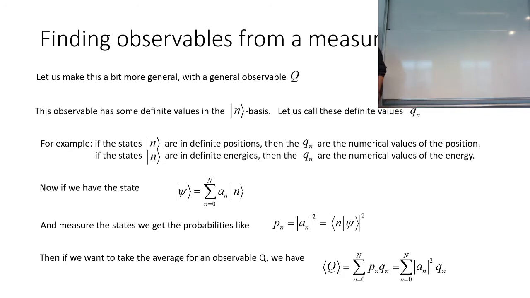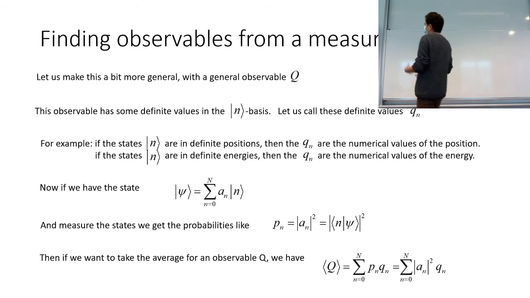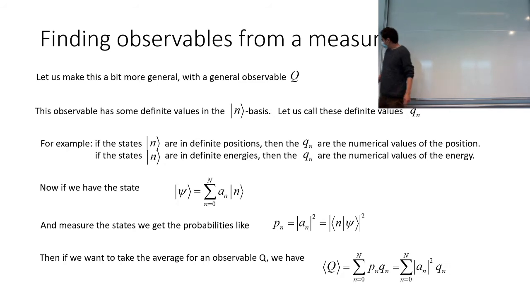Just apart from the quantum mechanics, did you guys use this type of notation if you're talking about averages, you put in this kind of bracket? No? Okay. That kind of notation is quite common in physics at least. So the average value of Q, we say, is of course the probability multiplied by whatever the value is.